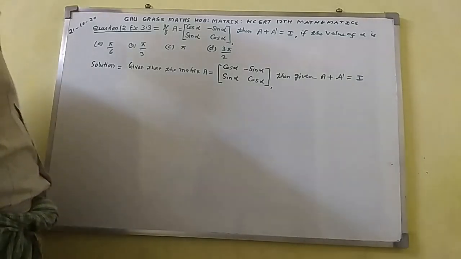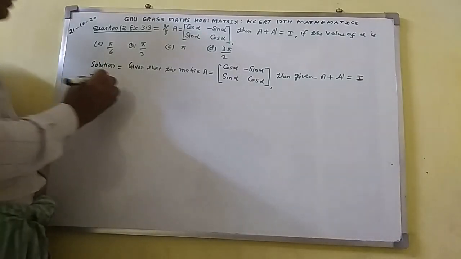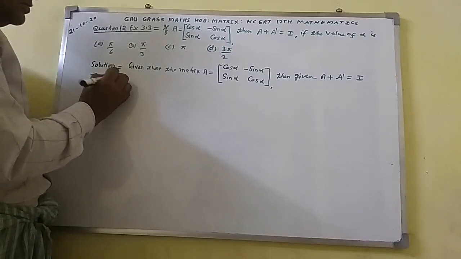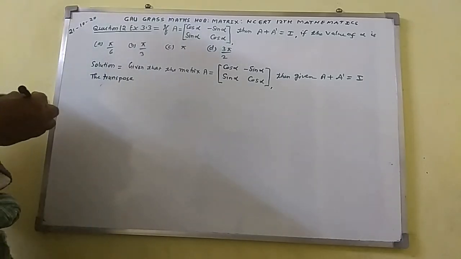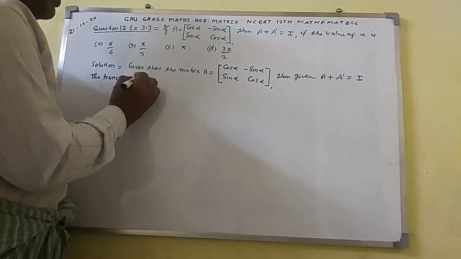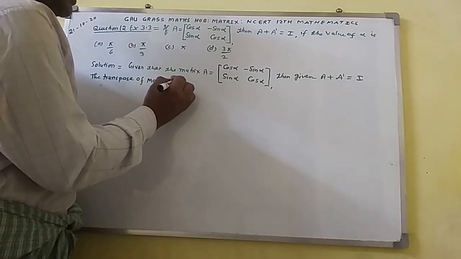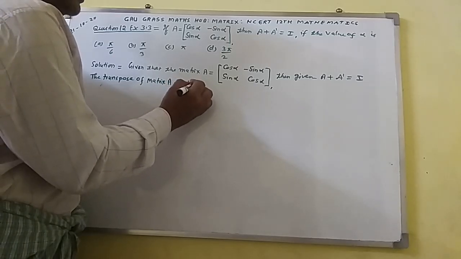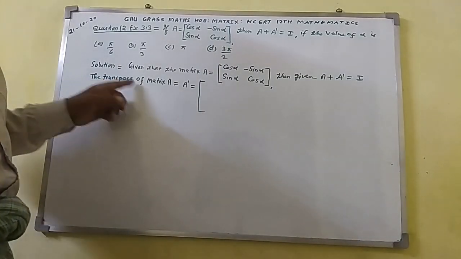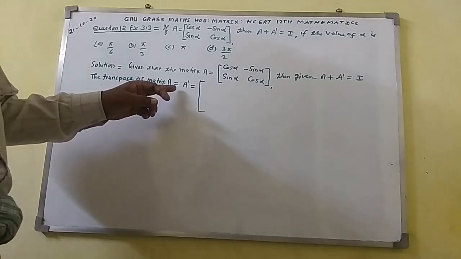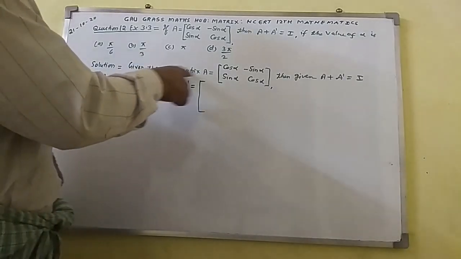So first of all I shall get the transpose of A. The transpose of matrix A equal to A dash equal to, here you can see the given matrix is this one.